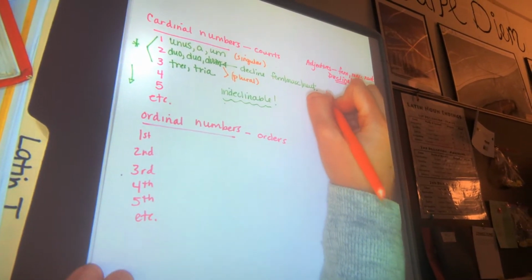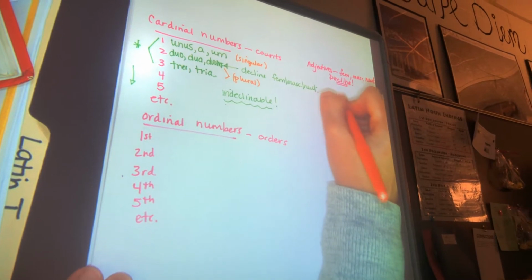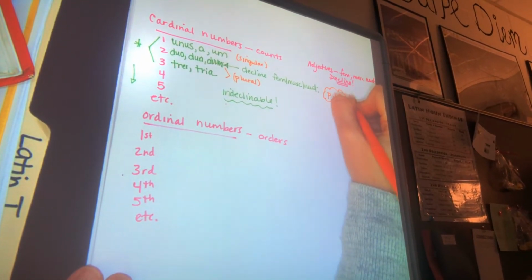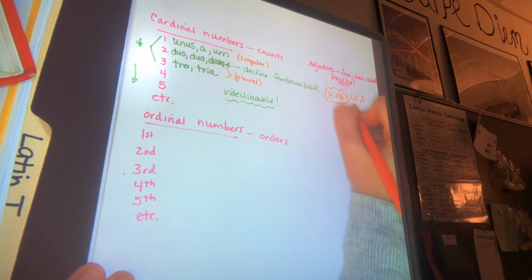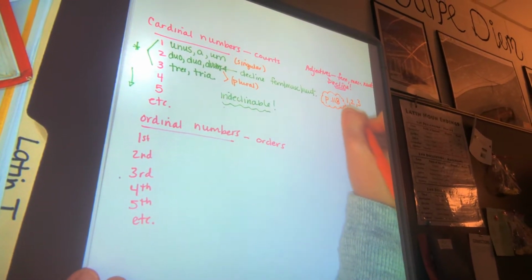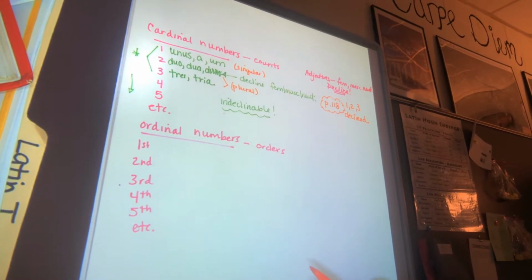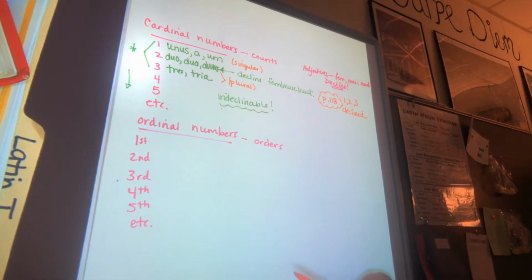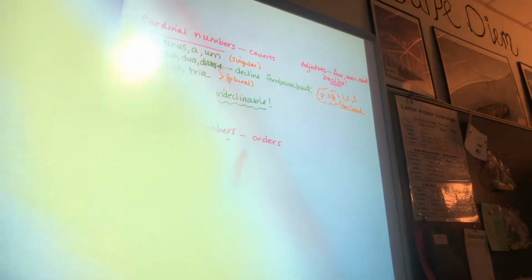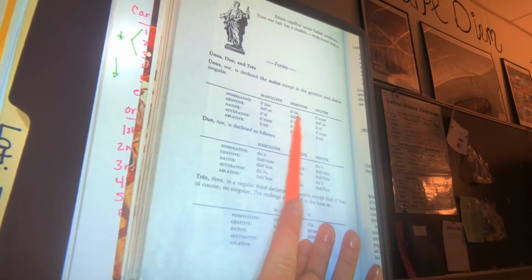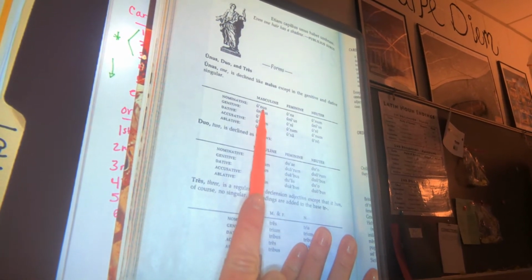Now we're going to look on page 118 to see how 1, 2, and 3 are declined. When you are saying something like 1 horse, horse is masculine, so you would say unus equus.